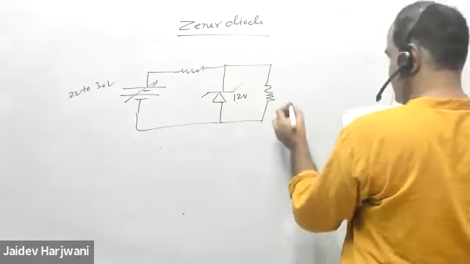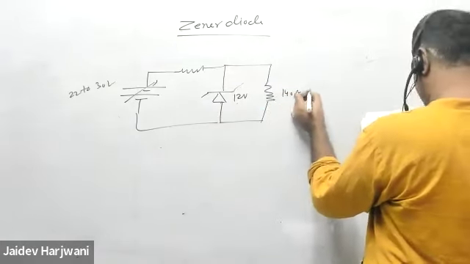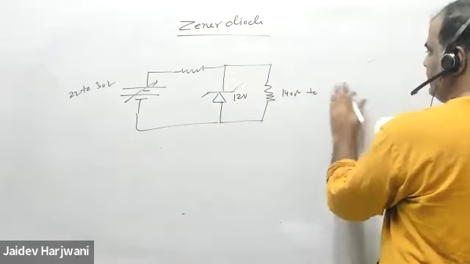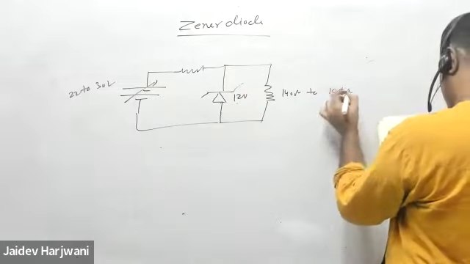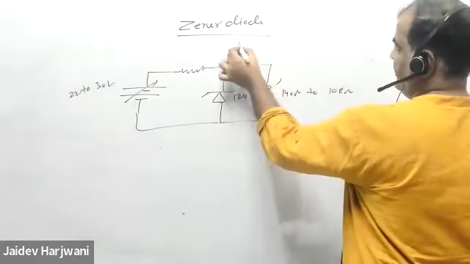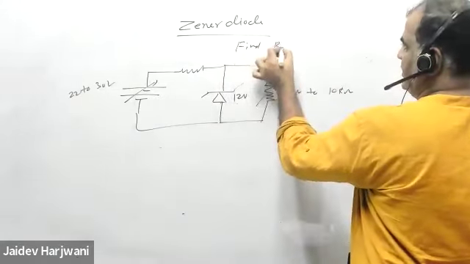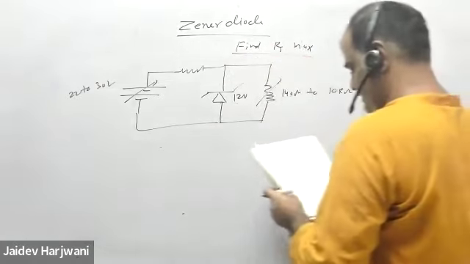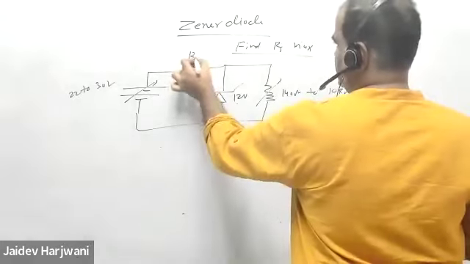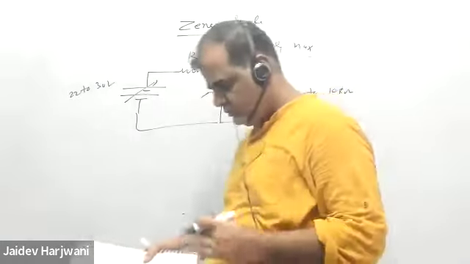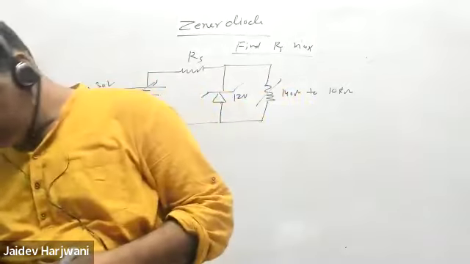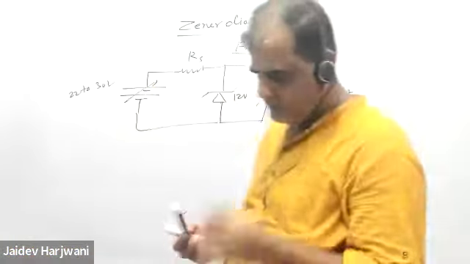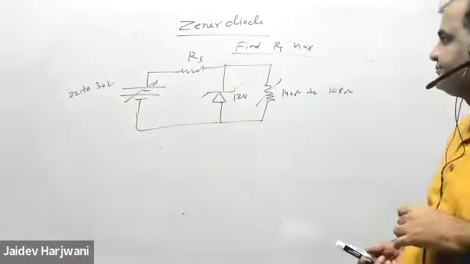And this is your 140 ohm to 10 kilo ohm. Find the RS max value. Find out RS max.